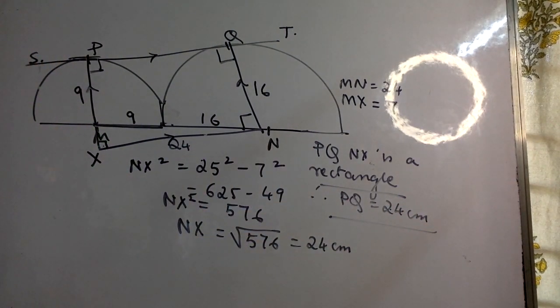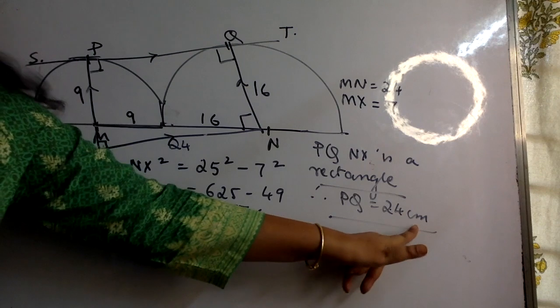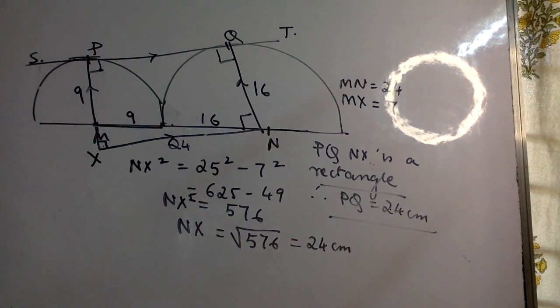So these are the most compulsory steps. Even if you are in a hurry, see to it that you are writing at least this much. And you must add the centimeters over here. Unit is essential.